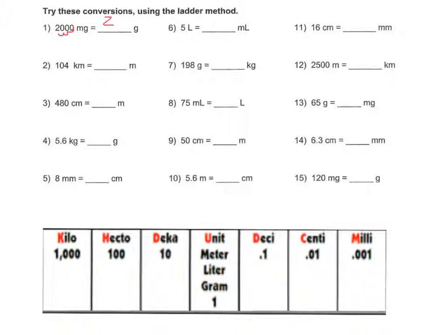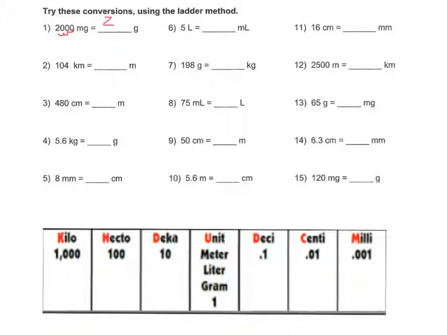Now let's see how we would do this one more time. So we're going to take our next, 104 kilometers, and we're going to move that to meters. We're going to find kilo. We're going to count how many times that we're going to move the decimal. We're going to move it 1, 2, 3 times because we found meters.